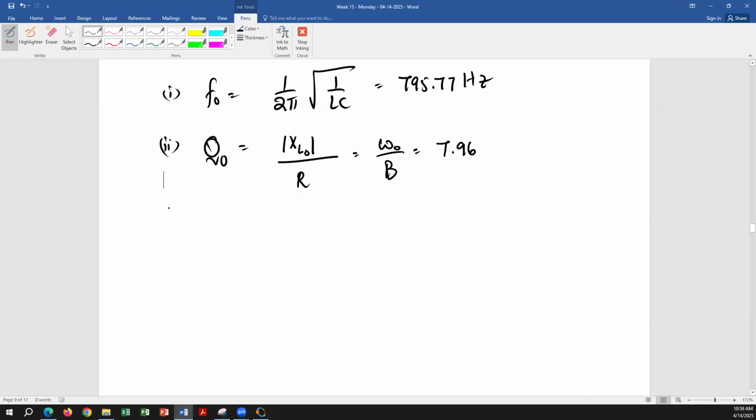So we can calculate the exact and approximate values of lower and upper cutoff frequencies to see how close they are for this circuit.